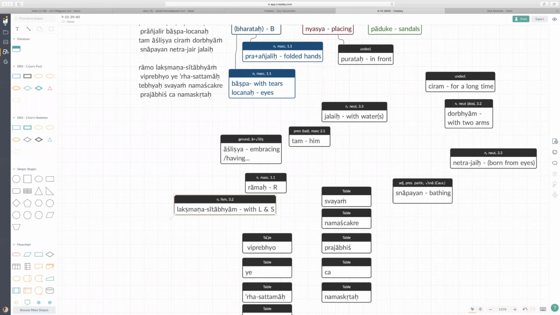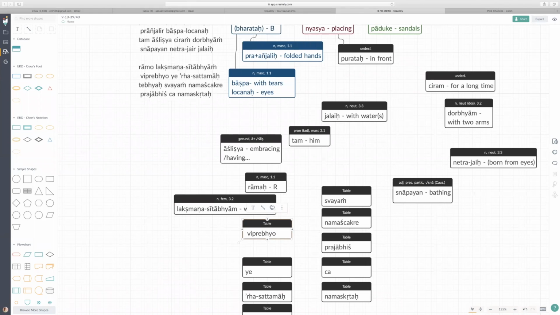Viprebhyo. Okay, this is another very visible ending. Viprebhyo. So, Viprebhyaha. It's actually bhyaha, and 4.3. Yeah, 4.3 and 5.3, it could be two things. And it means brahmanas. Let's say it's 4.3, fourth case plural.